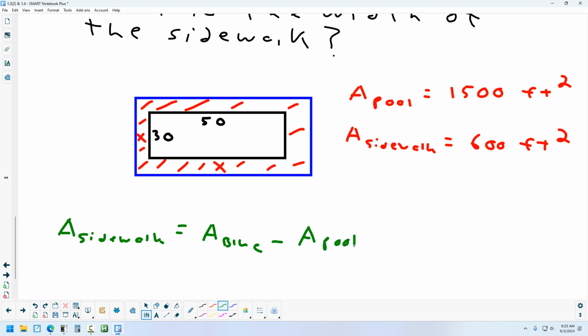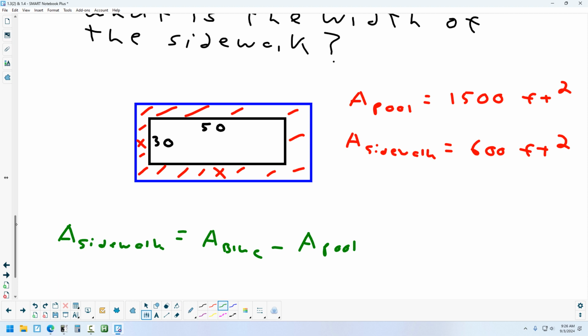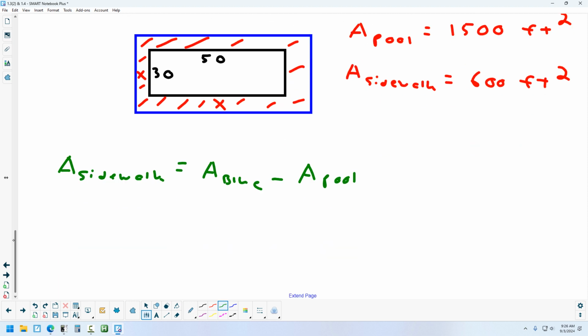If you take the area of the big blue rectangle and cut the pool out, you're going to be left with the area of the sidewalk. So this is what we need to set up as an equation. Let's start with the area of the sidewalk. What's the area of the sidewalk? The area of the sidewalk is 600.